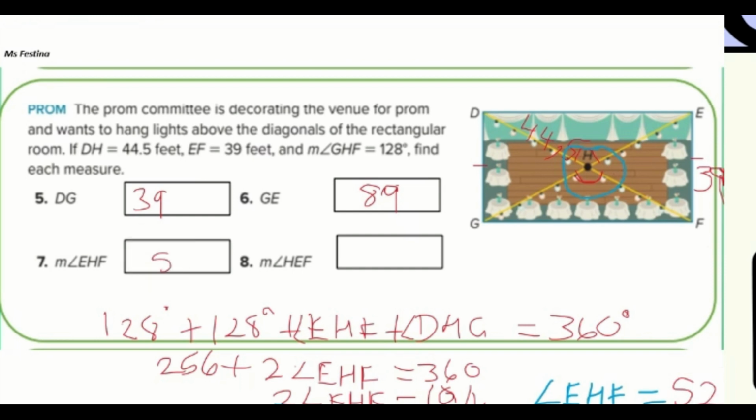So the answer is 52 degrees, and we said that angle HEF will be equal to this angle on the side because of vertically opposite angles of the diagonals there. So angle EHF, that's the same angle. I think they wanted to say DHG, so we're still going to write 52 anyway there.